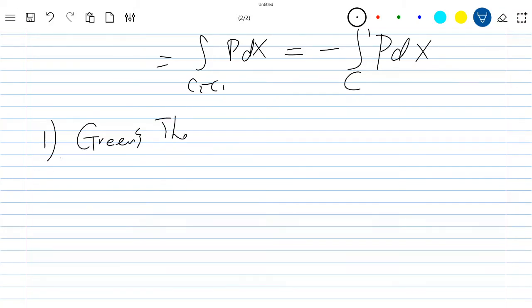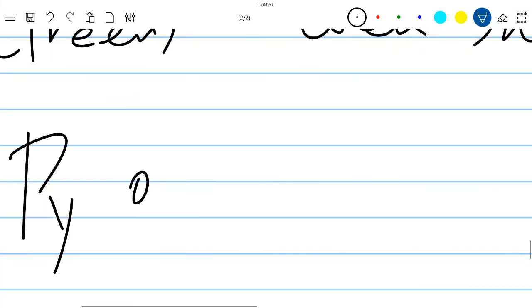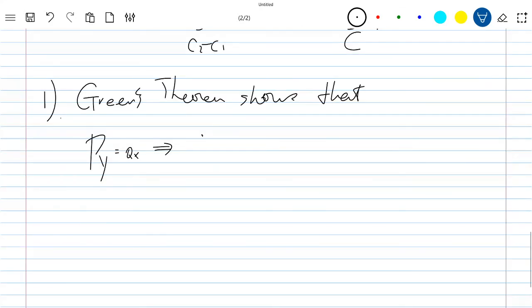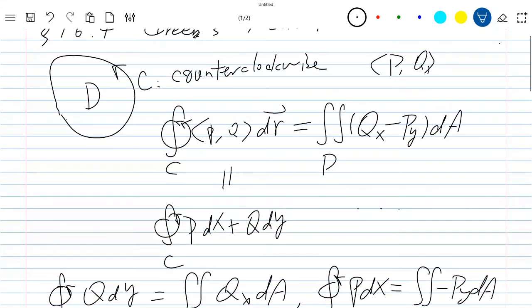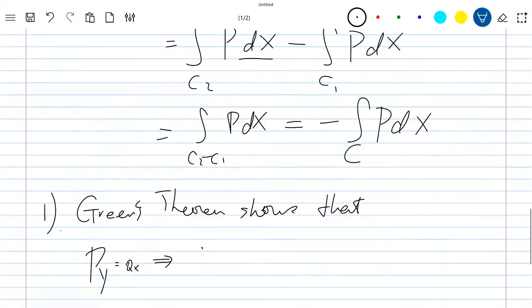Green's theorem shows that Py equals Qx implies the integral on the right side is 0, and on the left side it means the line integral, or the vector line integral, over a closed loop is always 0.